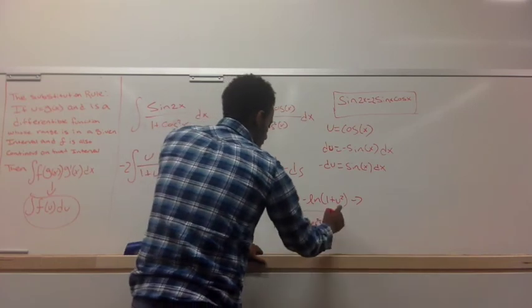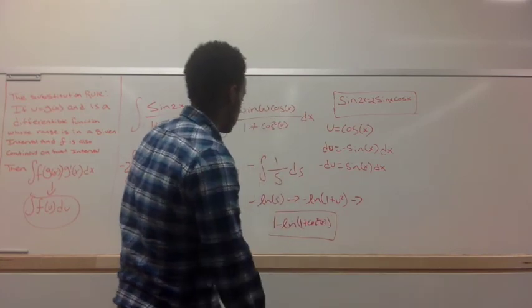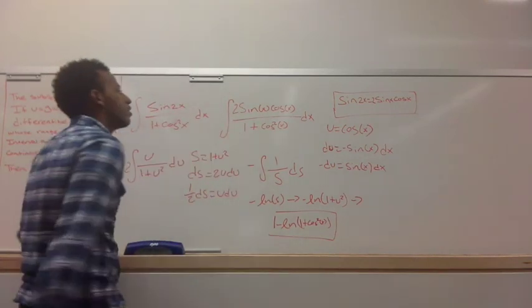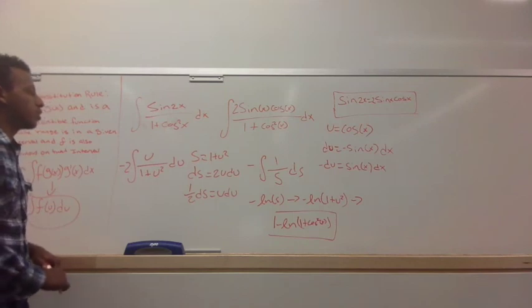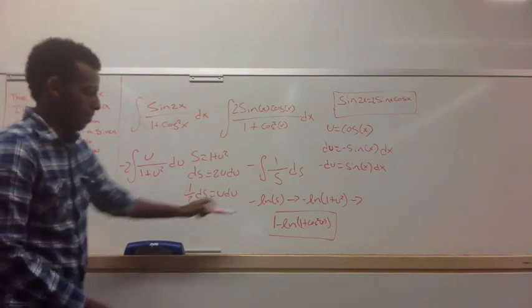That gives us our final value, which is the antiderivative of the integral of sine 2x over 1 plus cosine squared of x dx. That's our answer.